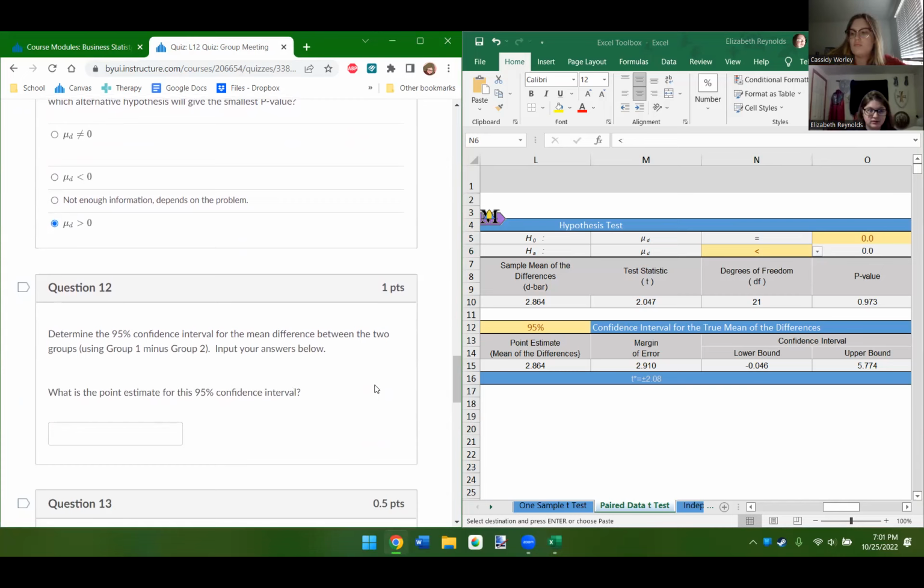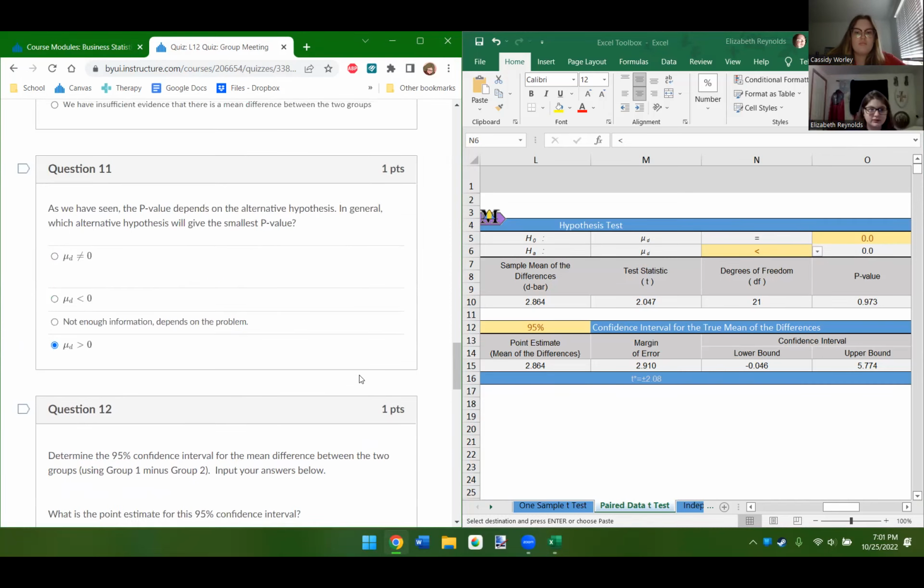Determine the 95 percent confidence interval for the mean difference in the two groups. Put your answers below. Okay, so we're down here now. So point estimate, 2.664. Which hypothesis were we using?